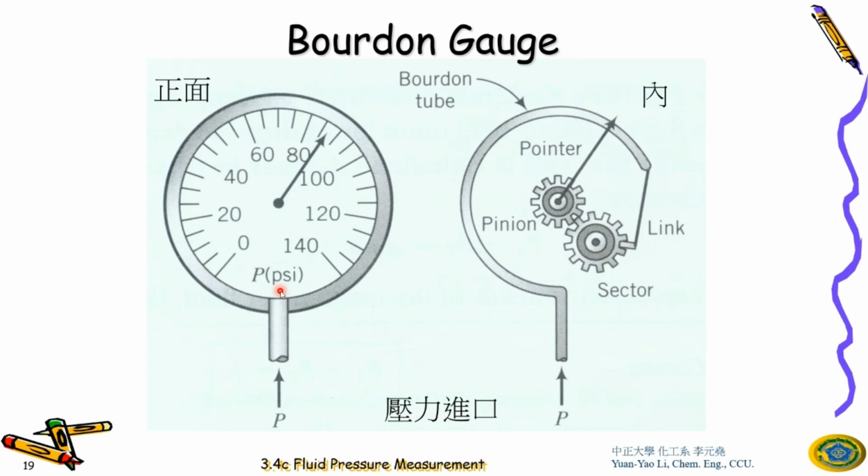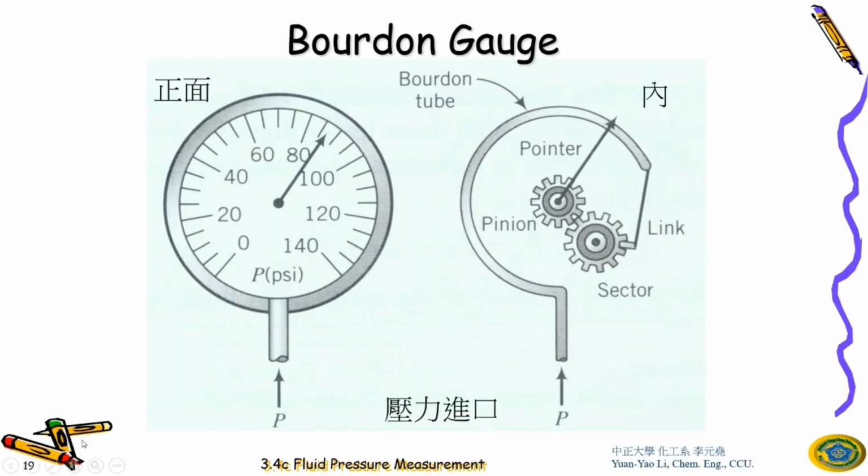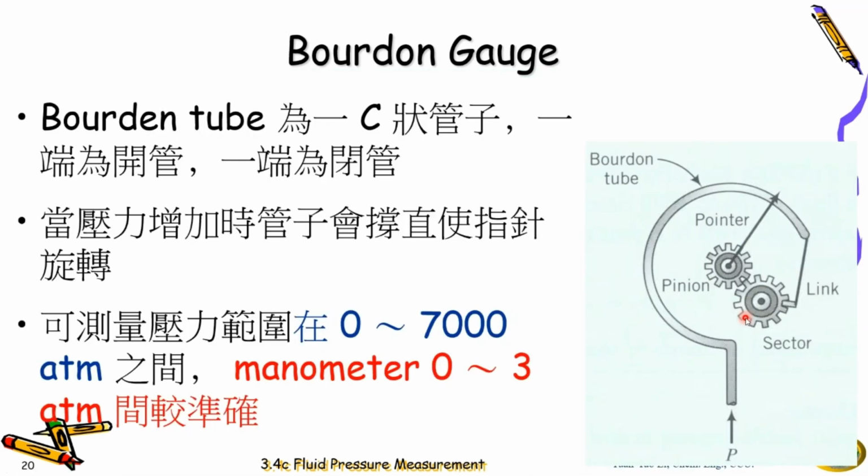So what I want to tell you is that in your midterm exam, tell me what you understand, and I will give you scores. This is the answer you need to write down. The Bourdon gauge has a C-type tube, one end open and one sealed.